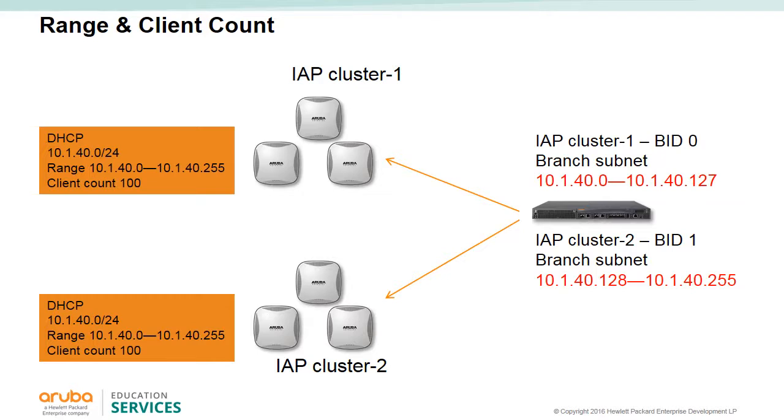Cluster 2 has been given bid 1, and the branch subnet is 10.1.40.128 with a 25-bit mask, also giving it a possibility of 126 hosts. If cluster 1 had assigned a count of 200 clients, then cluster 2 would not be assigned an IP subnet.